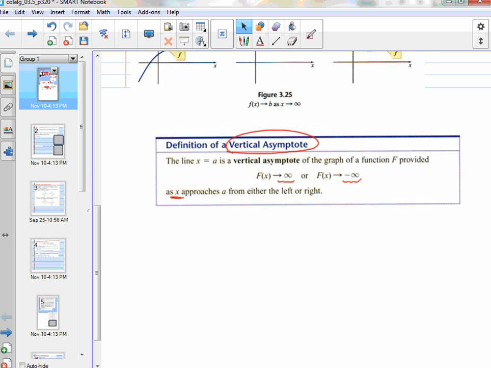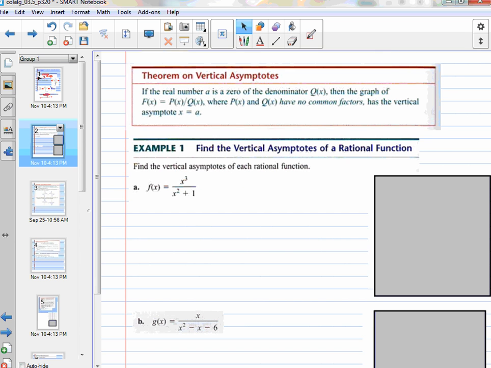And rational functions have these different asymptotes. So we're going to first learn, how do I find where the vertical asymptotes are located? Well, if I have a rational function, in other words, one polynomial divided by another, the vertical asymptotes are where the zeros of the denominator are.